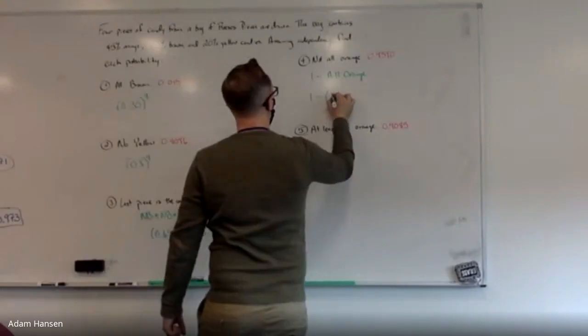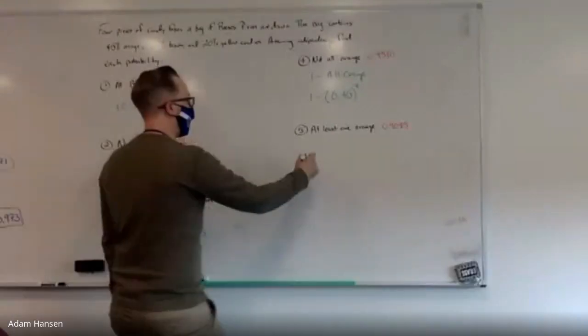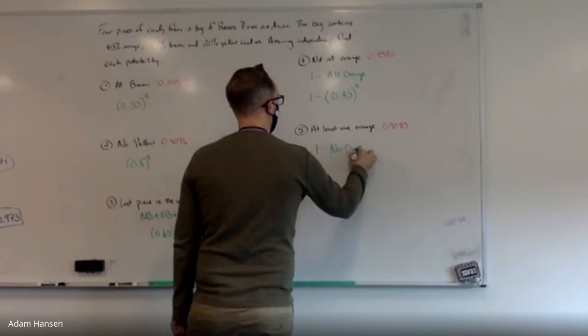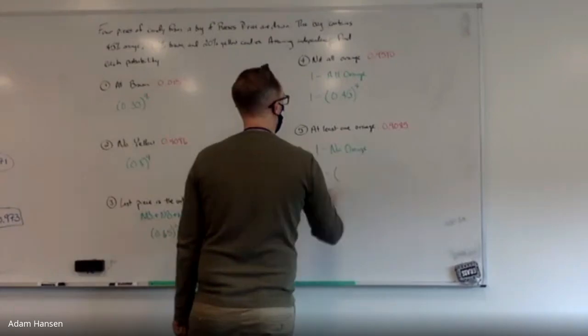Orange. I need that. At least 1 orange means it could be 1, 2, 3, or 4 orange. It just can't be all non-oranges. So 1 minus no oranges. 1 minus, 45% are orange, so the other 55 are not.